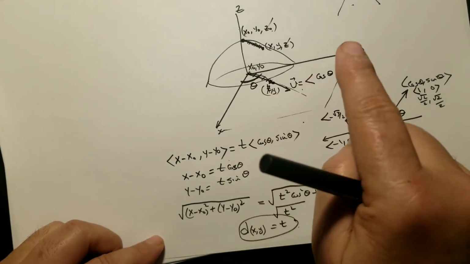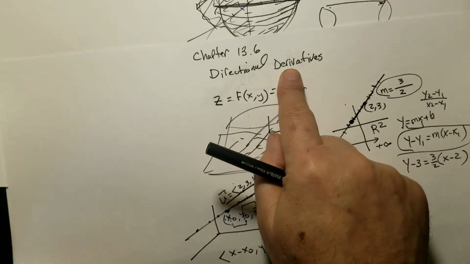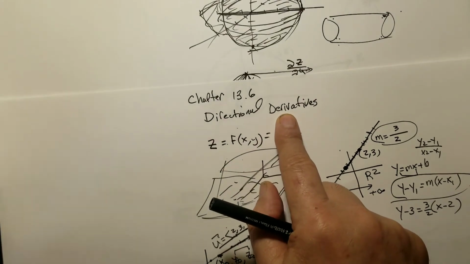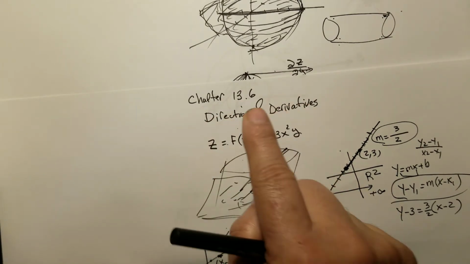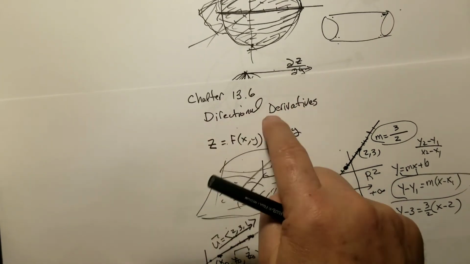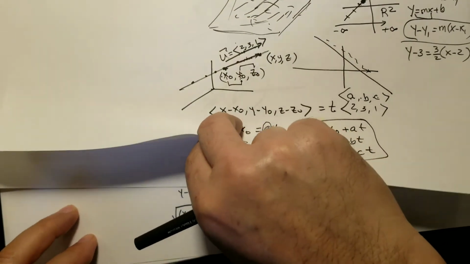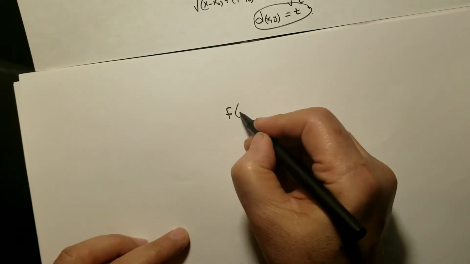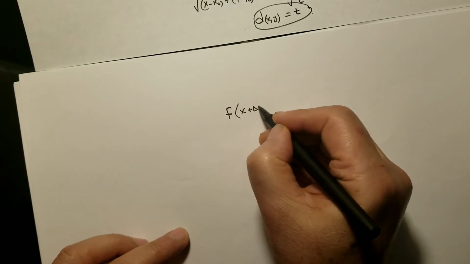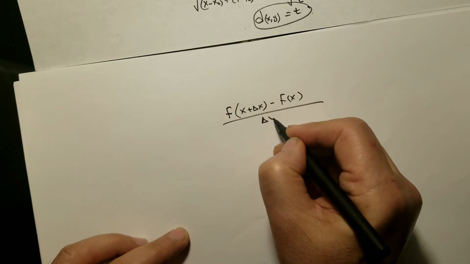Therefore, I must solve for the directional derivative the same way I did the derivative of a single variable, as delta x approaches 0. In here, I make my delta t approach 0. Therefore, I'm going to go back and write what we learned in Calculus 1: f of x plus delta x minus f of x over delta x.